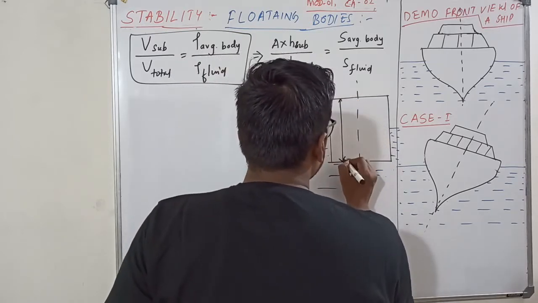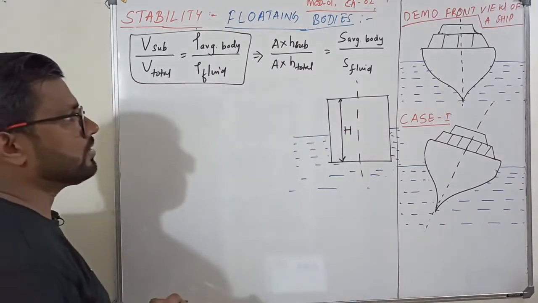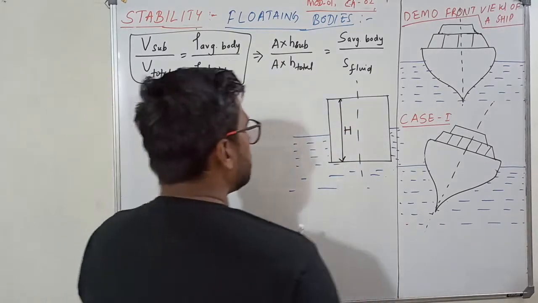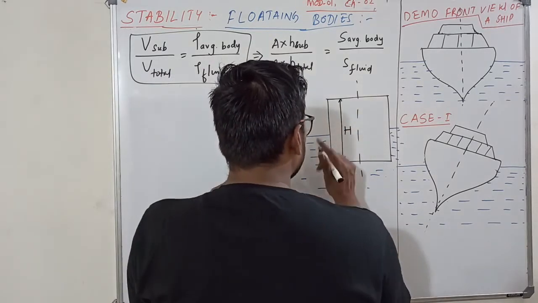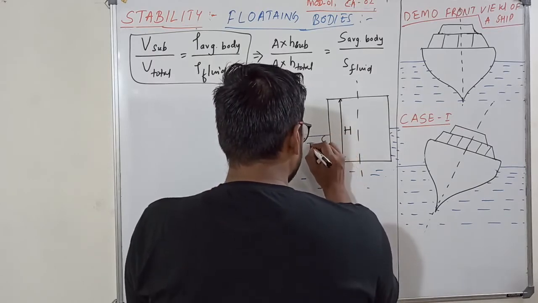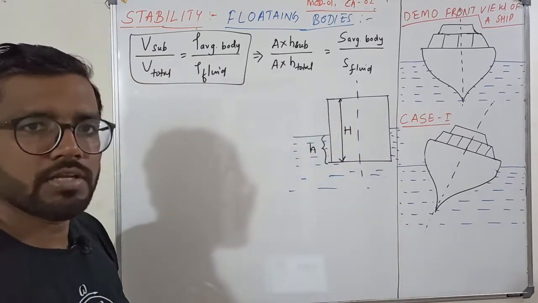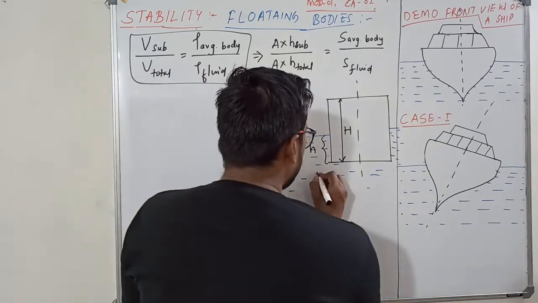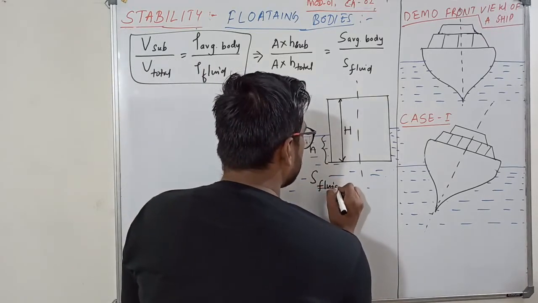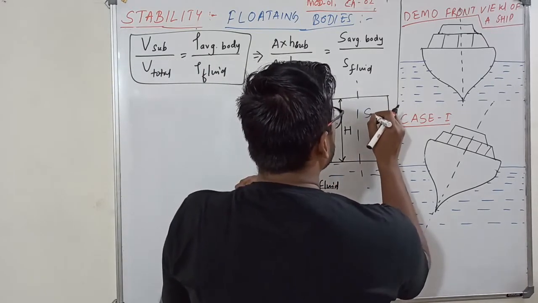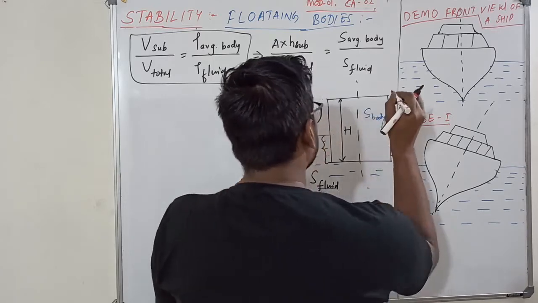This is the total height of the body. Total height is H, and the submerged portion is small h. Let us say s is the specific gravity of the fluid, and this is the specific gravity of the average body, s body.